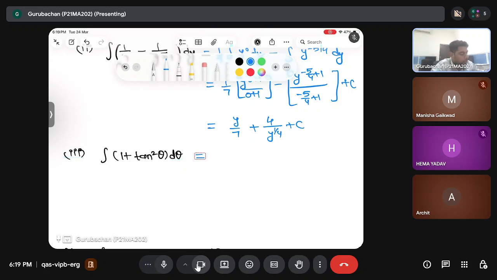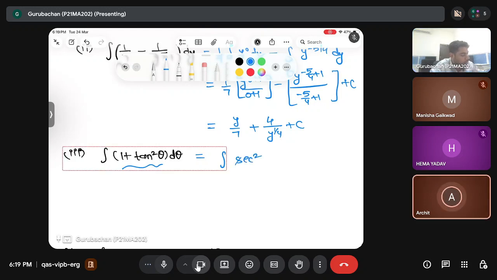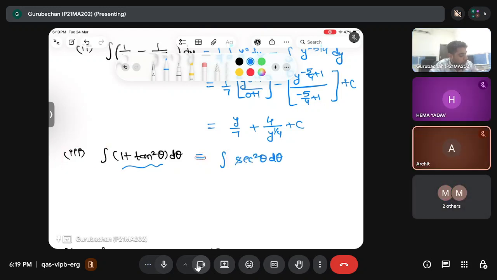So we have to manipulate it smartly. First of all, what is the identity of 1 plus tan square theta? It is sec square theta d theta. Now, as Archit said, differentiation of tan theta is secant square theta. So it will be tan theta plus some constant.